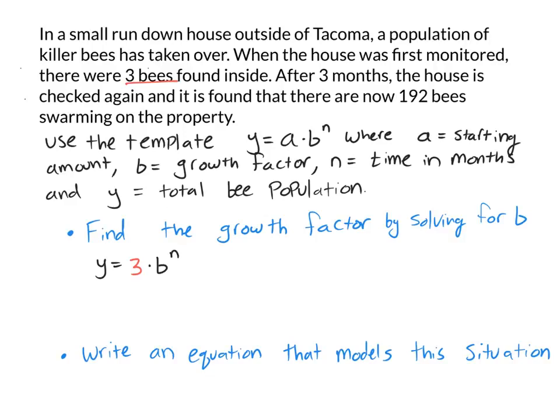But I do know what happens on month 3, so I'm going to start plugging values in. This is kind of a temporary equation. I know that 192 bees exist. I started with 3 times some growth factor, b, to the power of 3.